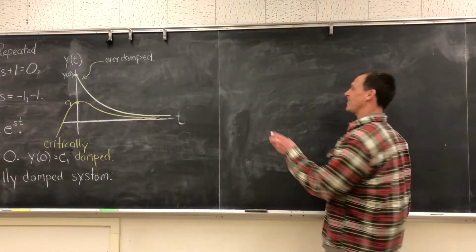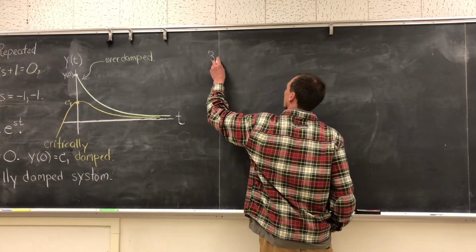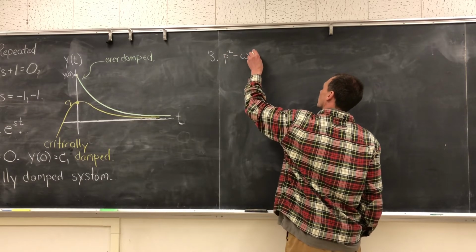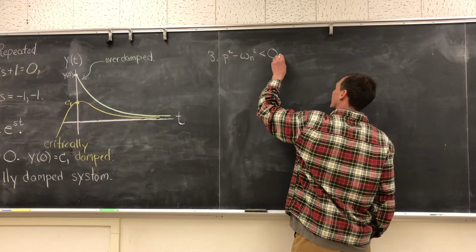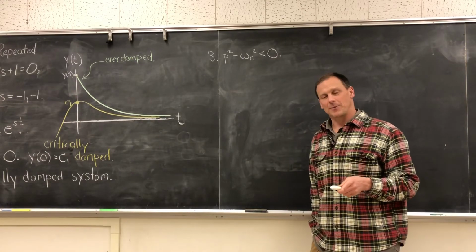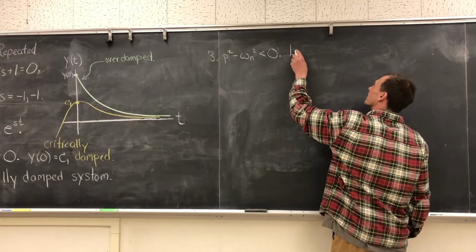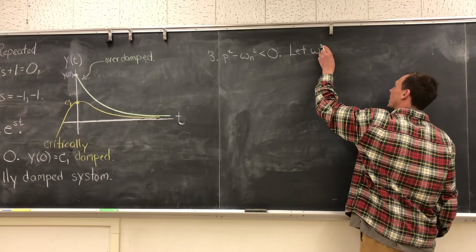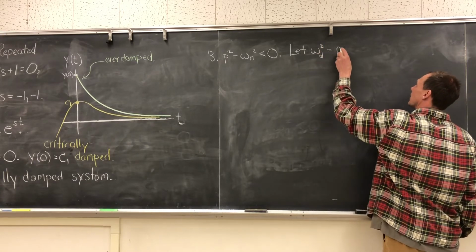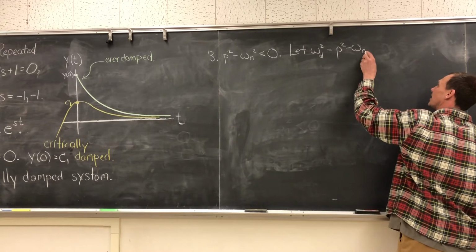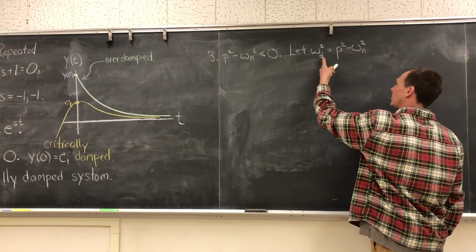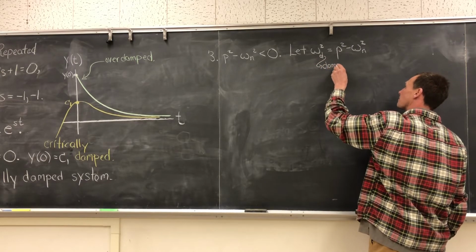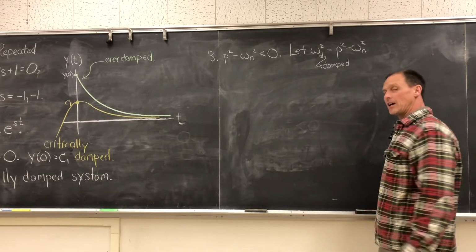Now, case 3. Our last case is when p squared minus omega natural squared is less than 0. It's a negative number. And so what we do is we let omega d squared equal p squared minus omega n squared. This d stands for damped, so this is our damped frequency.